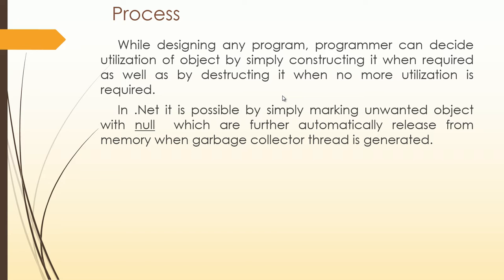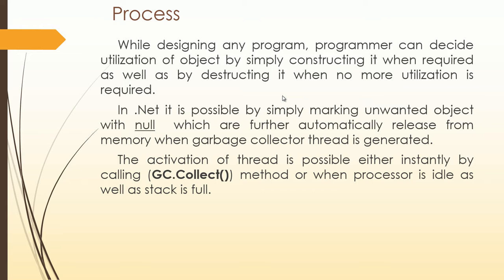After using this null value, a thread is generated, and this thread removes the object from memory after successfully calling the garbage collection's collect method. But as I have said, it is optional in .NET, because if you don't use this method, such objects are also removed from memory whenever the processor is idle or the stack is full.